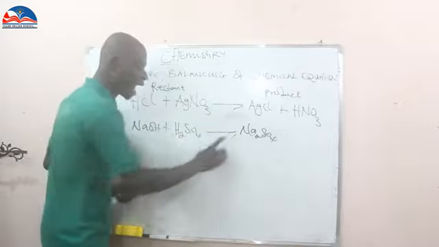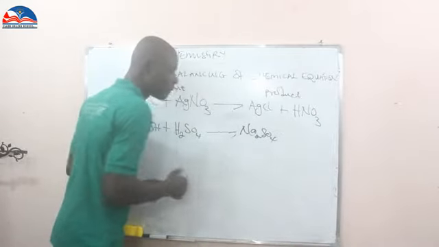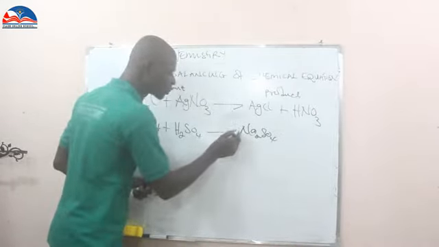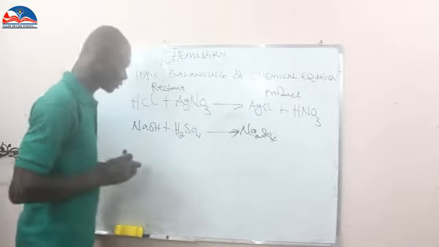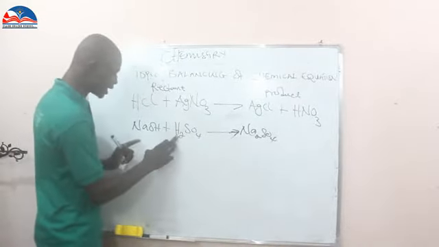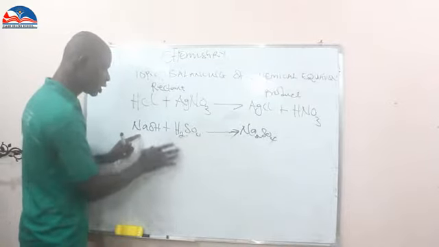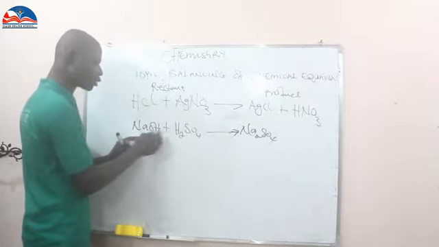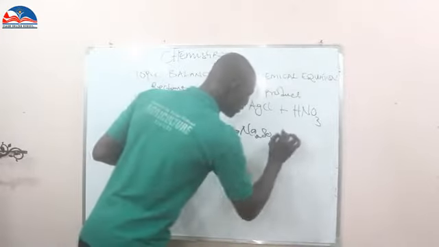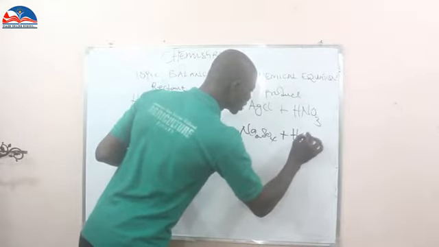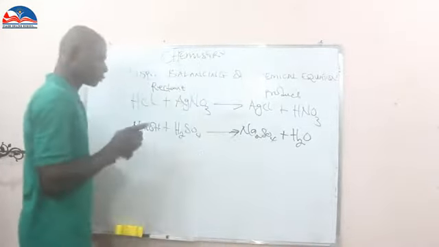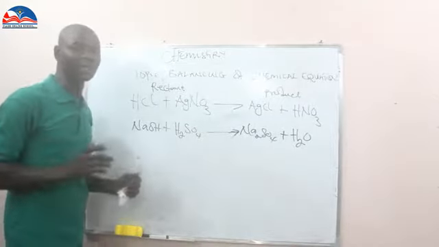For me to balance, I must balance by the side. I cannot use the subscript for balancing of equation. Now coming to this side, sodium and the H2SO4 have gone. Then I have hydrogen and hydroxide group. Therefore, I'm going to have water in this side. Water. These are the 2 things that are going to form.